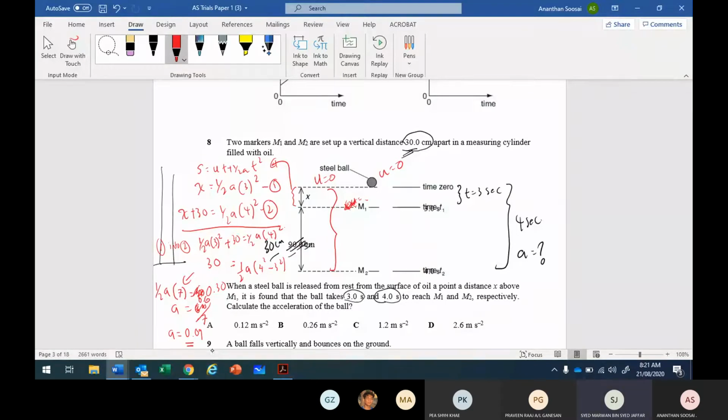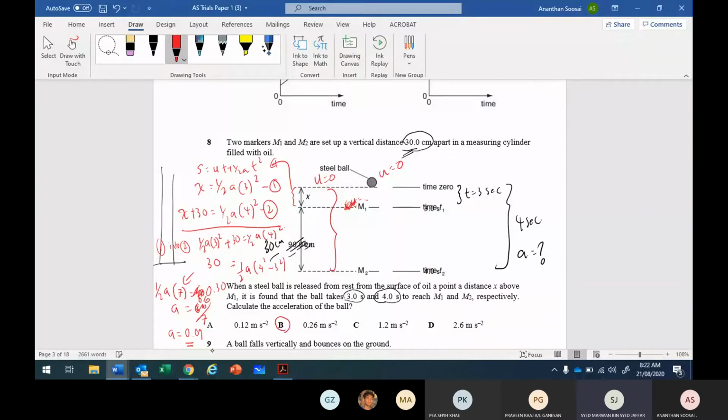If I change 30 centimeter to 90 centimeter, it's going to be 1.8. 1.8 divided by 7 gives 0.26.